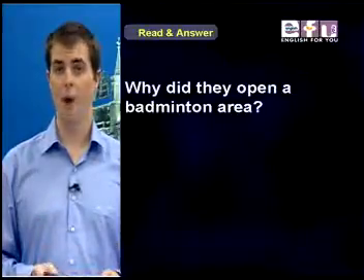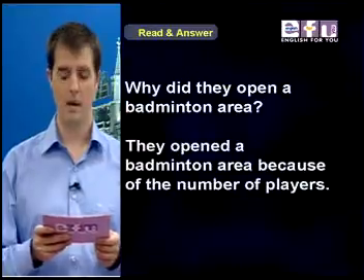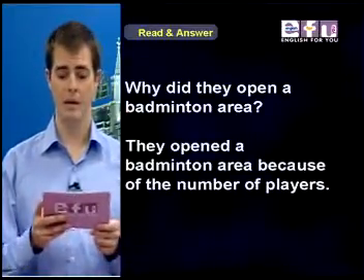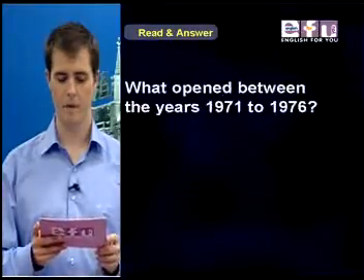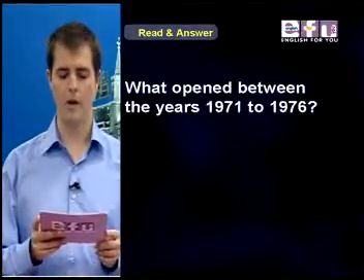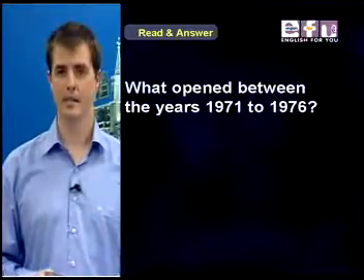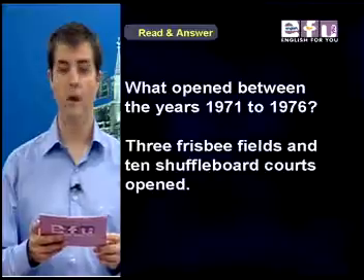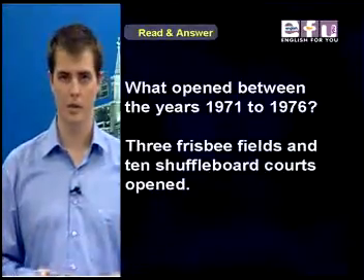Number 7. Why did they open a badminton area? They opened a badminton area because of the number of players. Number 8. What opened between the years 1971 to 1976? 3 frisbee fields and 10 shuffleboard courts opened.